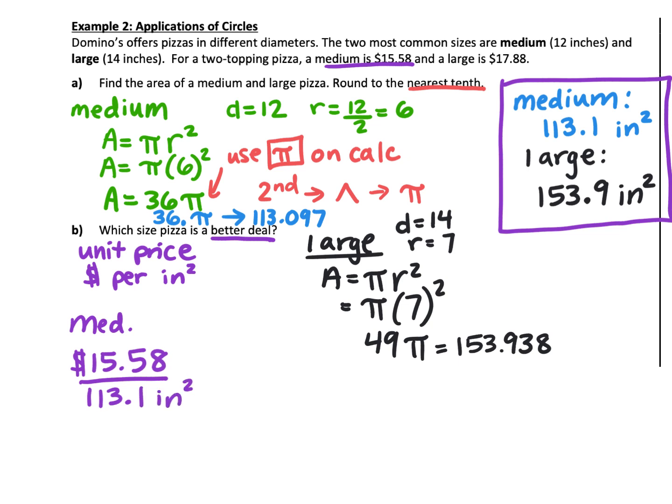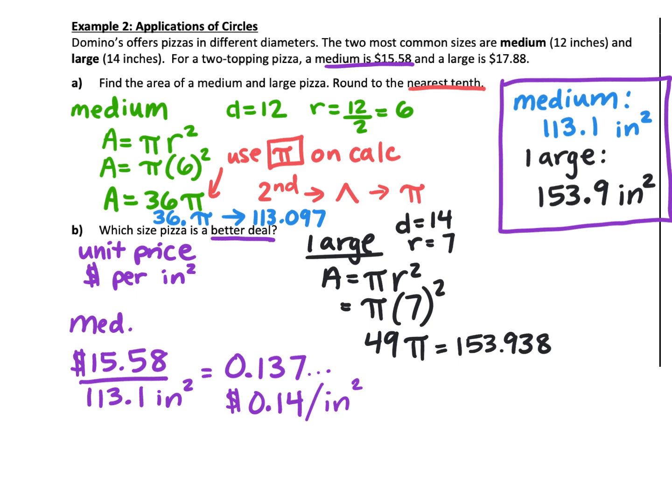Type that into your calculator, and you're going to get 0.1377. Approximately what is that? It's about 14 cents if I round to the nearest penny. So about 14 cents per square inch for the medium pizza.